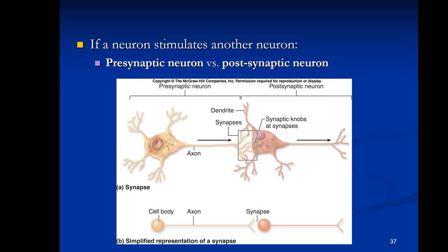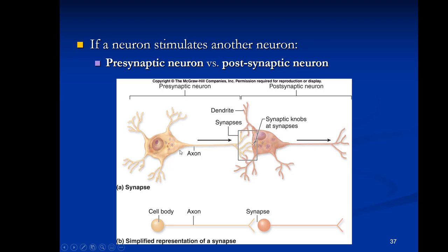All right, so oftentimes you do get one neuron stimulating another neuron. If you have a setup like this, the first neuron is called a presynaptic neuron. The second one is called a postsynaptic neuron, because the synapse would be between the two, that little small space that you can't even see right there. This presynaptic neuron could either stimulate the second neuron or inhibit it.